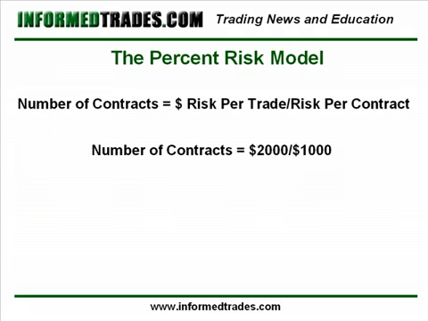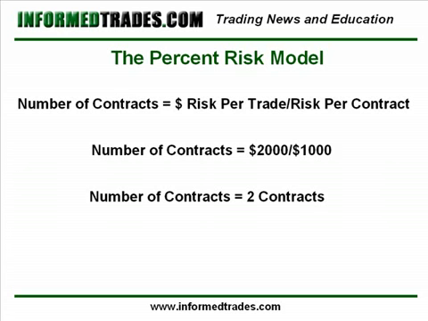The number of contracts is going to equal 2,000, which is the amount we're willing to risk per trade, divided by that $1,000 number that we got on the last slide from our entry price to our stop loss level on one contract. Okay, and the result there is going to be 2 contracts. So for this example, we would trade a maximum of 2 contracts using the percent risk model on this trade.